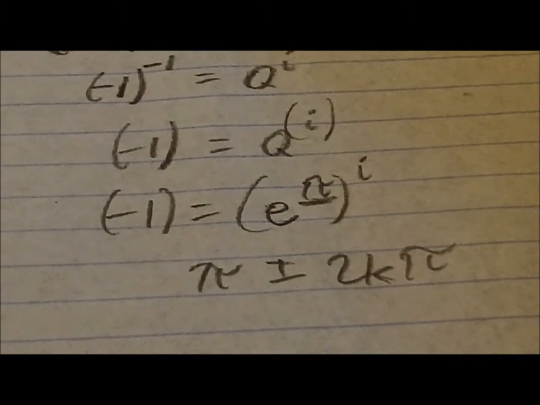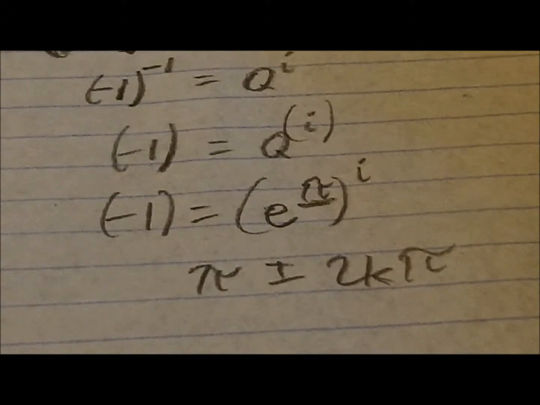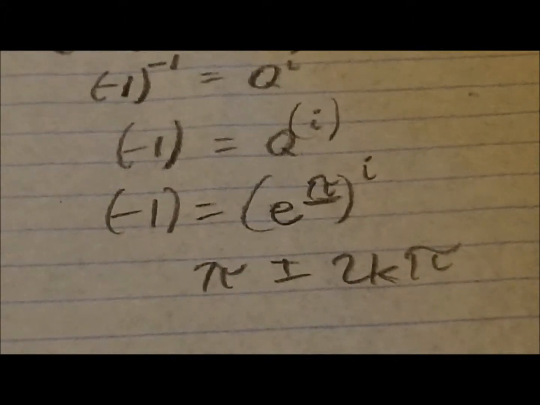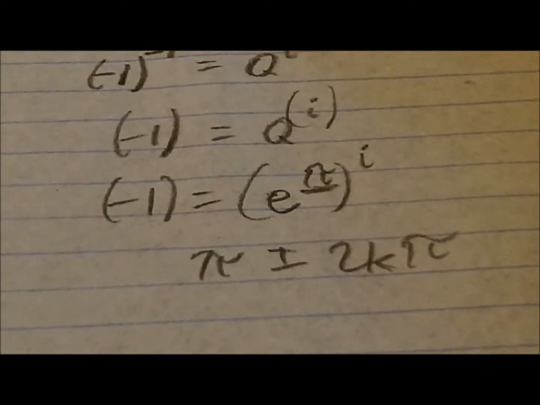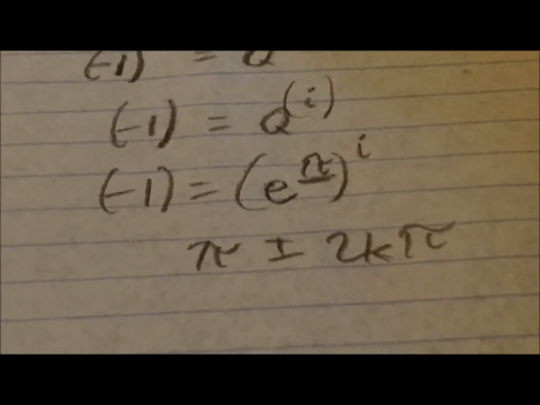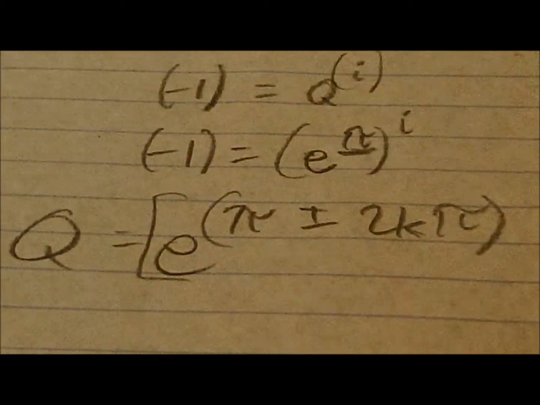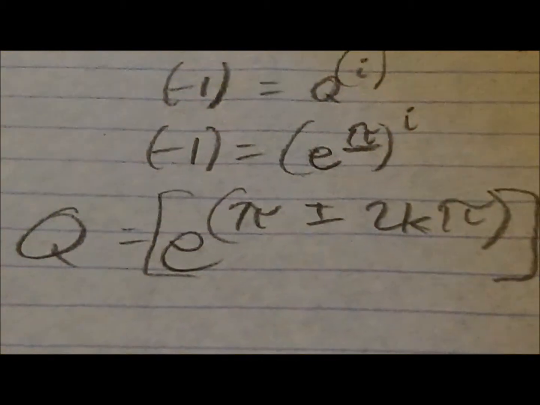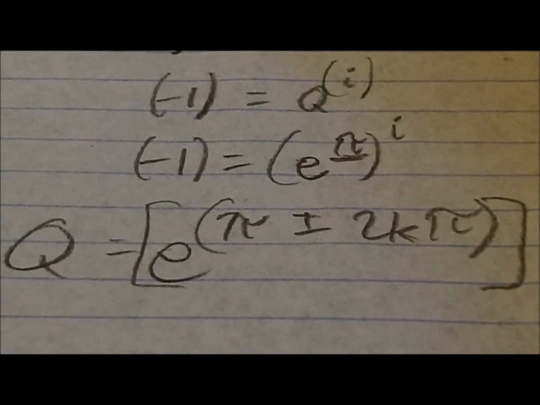So any integral number of full circle rotations, if that makes any sense. And I'll try to add an image to make this more clear. I'm fairly sure that q would equal e to this quantity. Therefore, this, right here in brackets, is actually the meaning of negative 1 to the i.